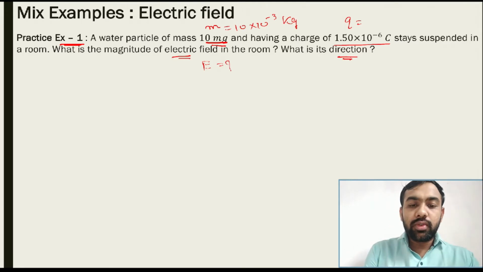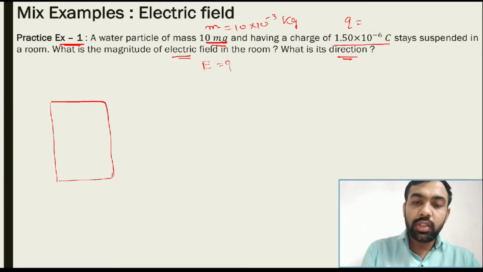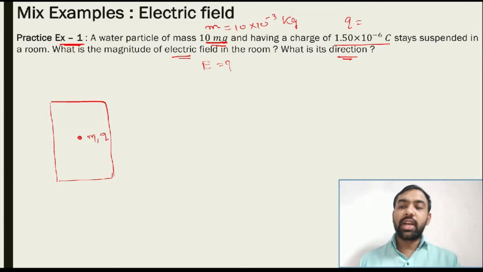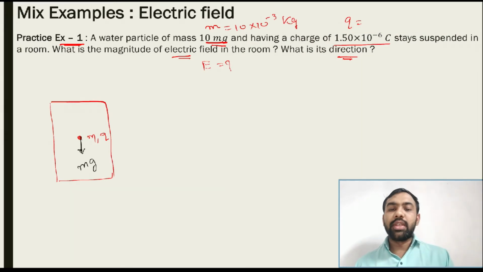Okay, so very simple one. Suppose it is a room. So this is a water particle having mass m and charge q. Here one force is always along the downward direction, which one? mg.